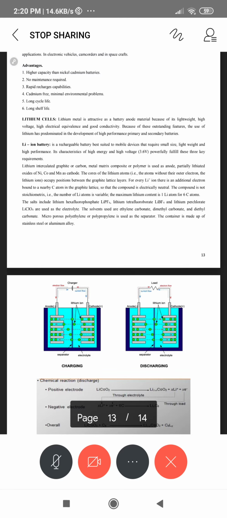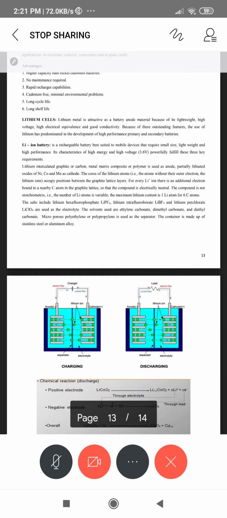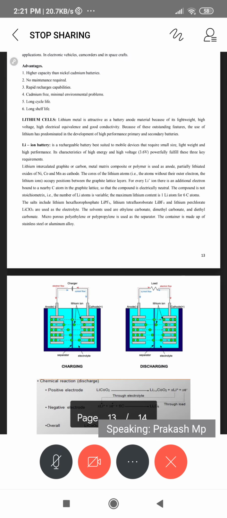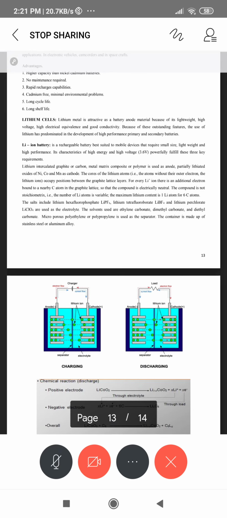This is at the time of recharging. LiXC6 gives rise to X Li plus, X electrons and 6 carbon, and lithium cobalt oxide plus the released lithium ions become lithium cobalt oxide. The reaction is LiXC6 plus Li1 minus X cobalt oxide gives rise to lithium cobalt oxide plus 6 carbon.